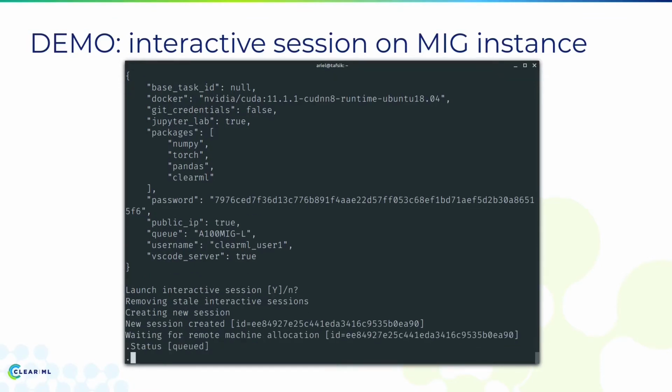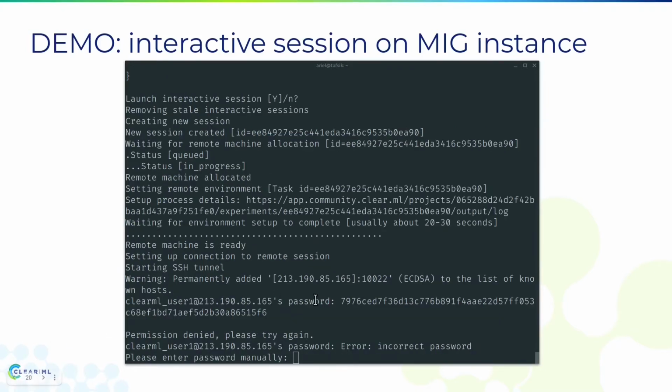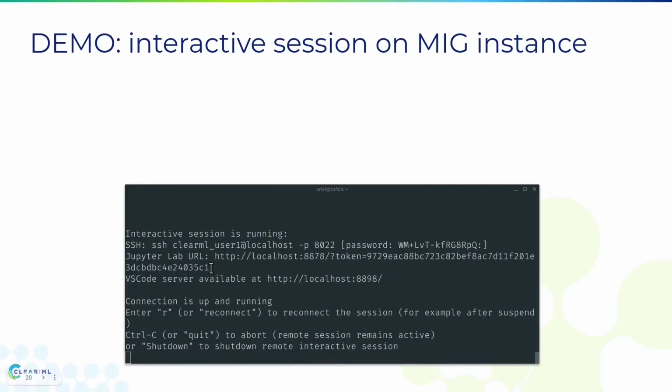Okay, now it's queued. And I'm going to pause here. Okay, didn't need to pause a lot. And now I'm just waiting for the environment setup to complete. Okay, so now I need to enter the password because the access is a little bit more tight, but that's okay.